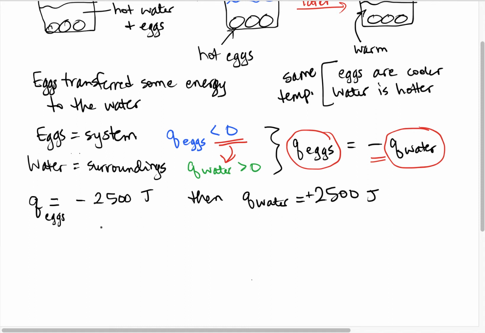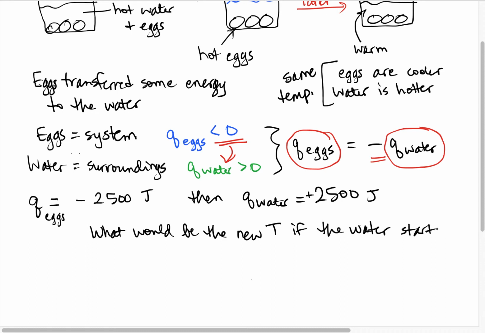So let's make some numbers in here and let's ask ourselves, what would be the new temperature if the water started, let's say it was tap water, so maybe 10 degrees.